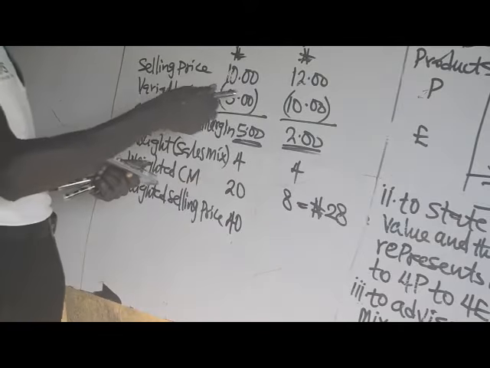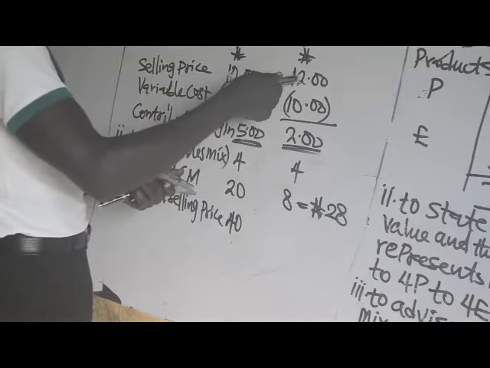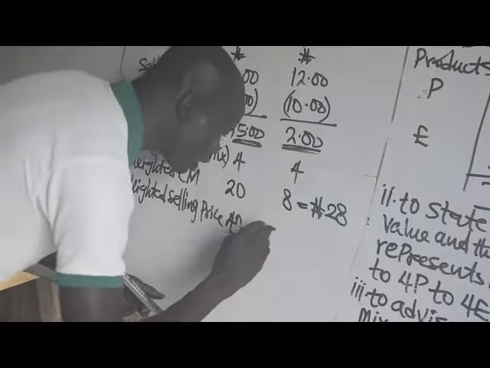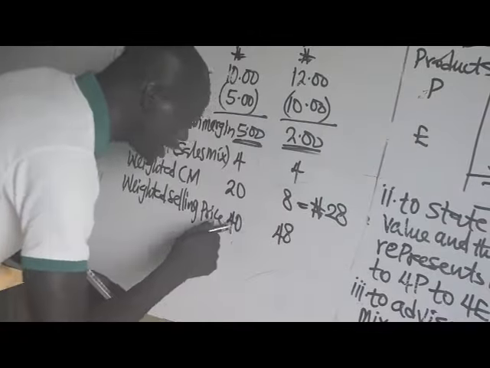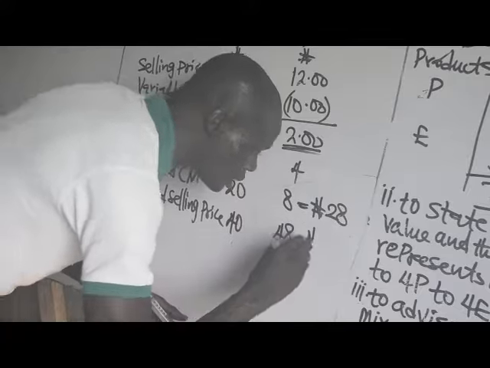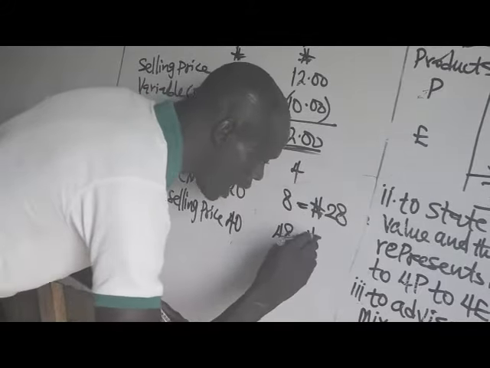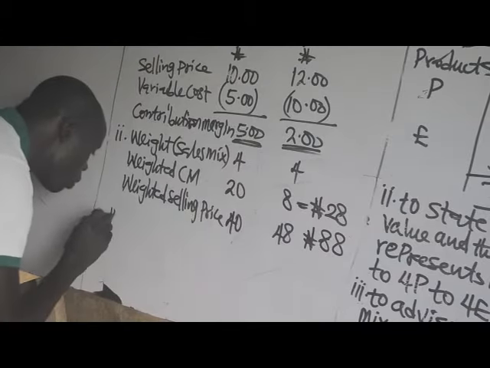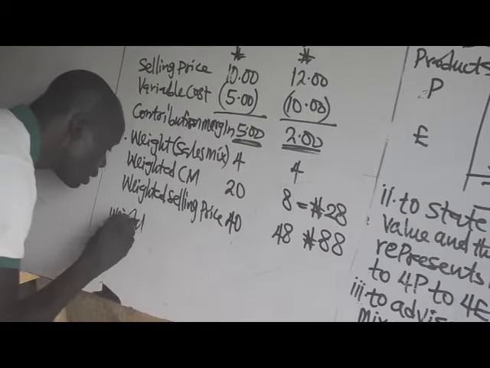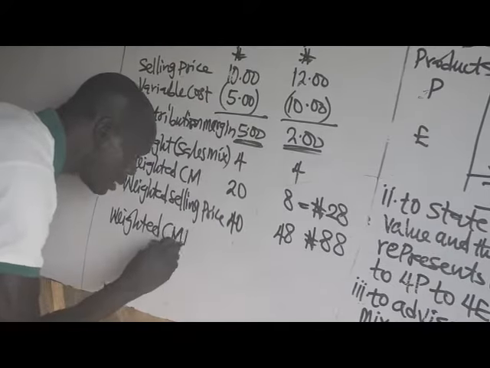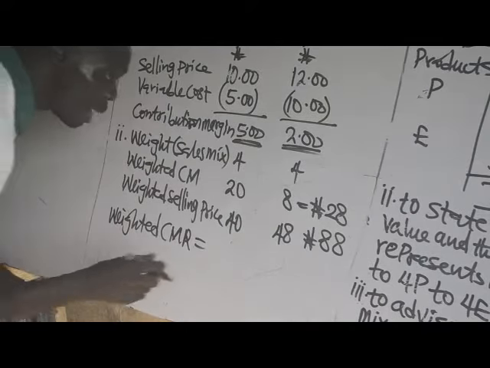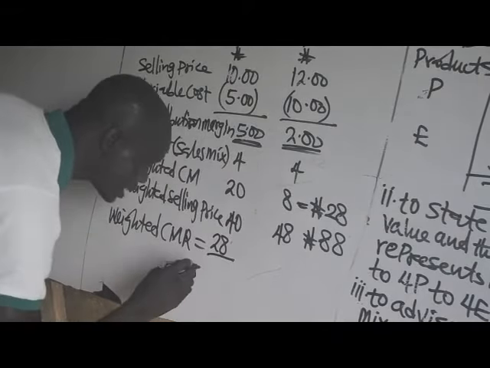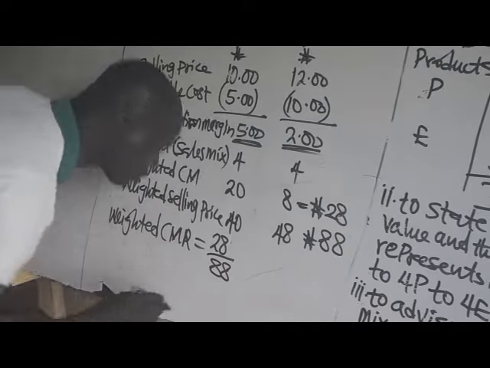That of product E, selling price is 12. 12 times weight 4, that gives us 48. 40 plus 48, we have 88. Therefore, weighted CMR, weighted contribution margin ratio, is weighted contribution, which is 28, over weighted selling price, which is 88.